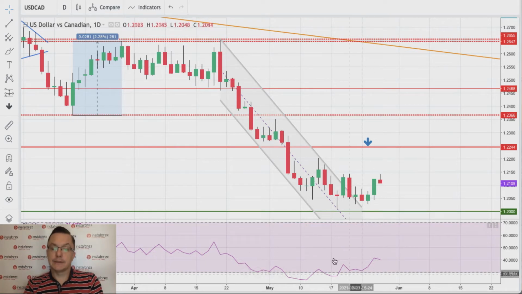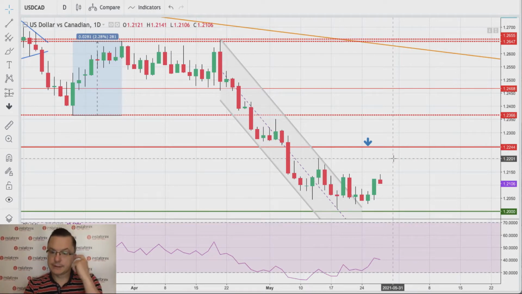The momentum is slowly going up, but this is a very slow movement from the oversold levels. Right now we are at the level of 40.41. Still we've got some distance in order to hit the level of 50. I guess that the level of 50 would be around the test of 1.2244. So this is still the situation.